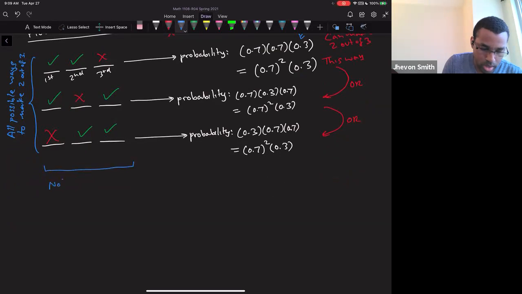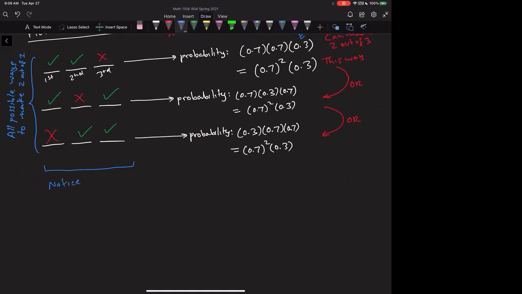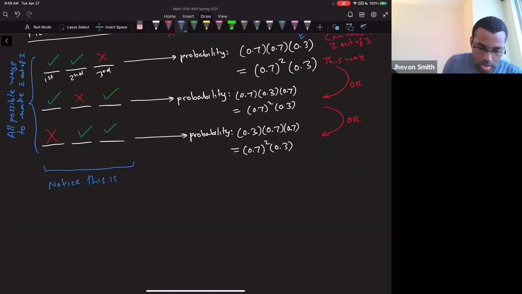Oh yeah. Notice this, that was a question I was going to eventually get to, but since you already answered it, let's just deal with it now. 3 choose 2 is actually the number of ways that this could occur.